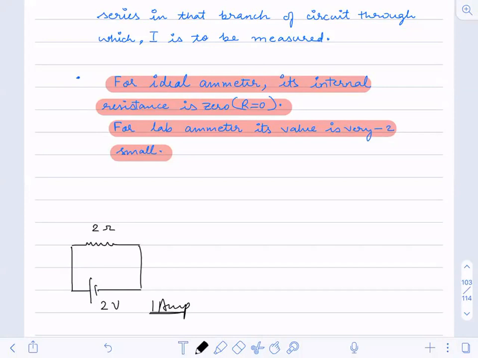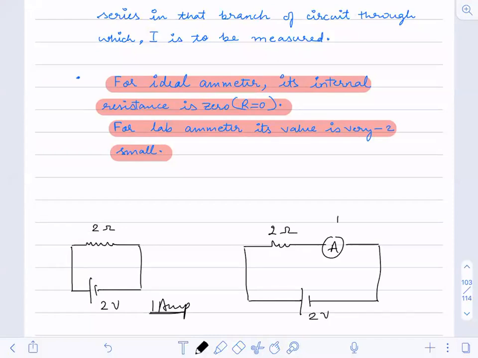Now what am I doing? I will connect the emitter here. Emitter, 2 ohms and 2 volt. Assuming that the emitter has zero resistance, what is the current now?